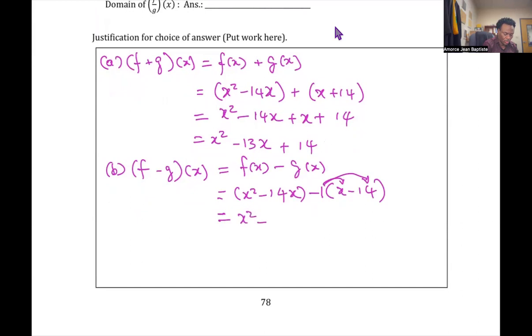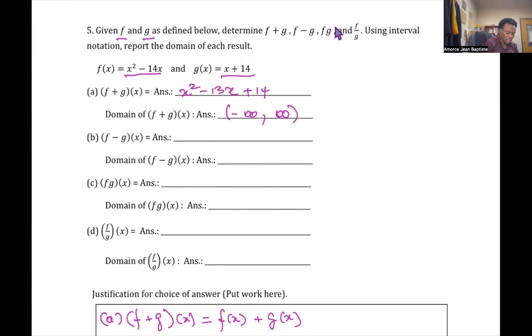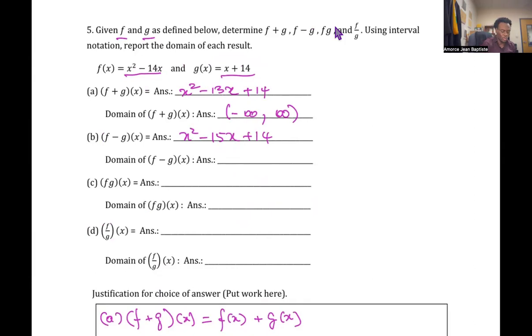So we have x squared minus 14x minus x minus 14. So that is x squared minus 15x minus 14. And the domain, since this is a polynomial, will be the same as the previous domain. Two different functions can have the same domain as long as they are the same family of functions. So the domain is from negative infinity to positive infinity.